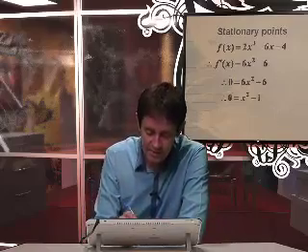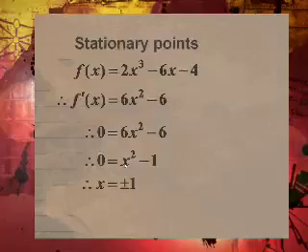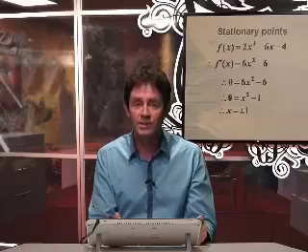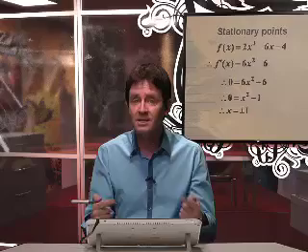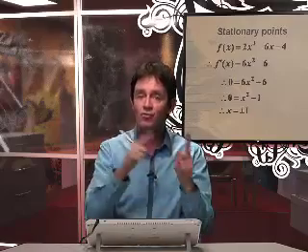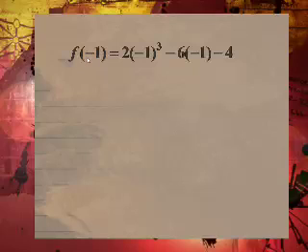Okay, great. Now we can solve for x. Divide by 6, and x is plus minus. Remember, difference of 2 squares, or you can say x squared is 1, x is plus minus 1. So now we've got the x values of the stationary points. How do we get the y's? By subbing into the original. Okay, so we've got x is negative 1, plug back into the original. Remember, it's always the original.